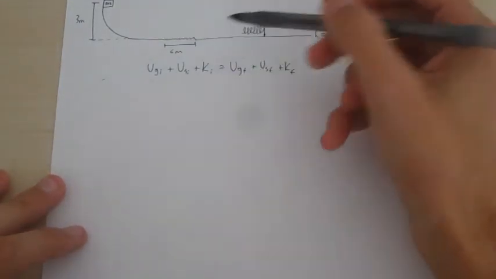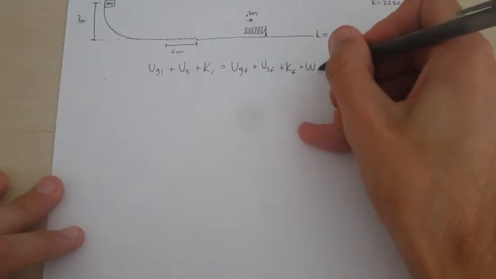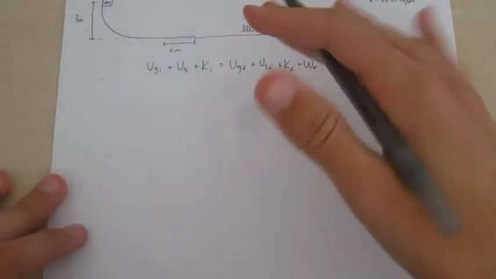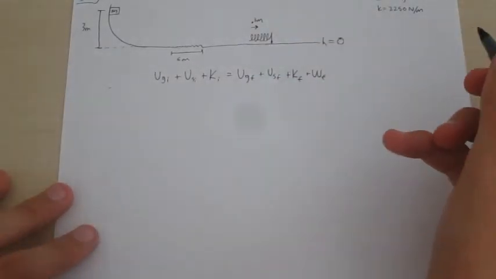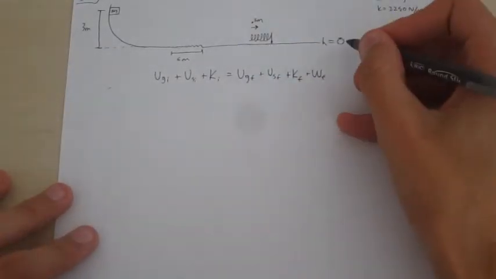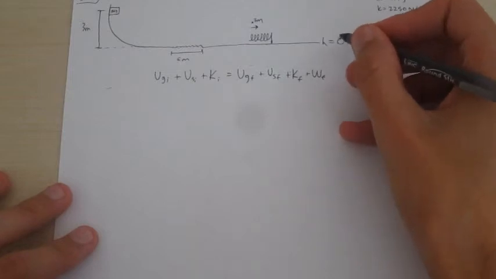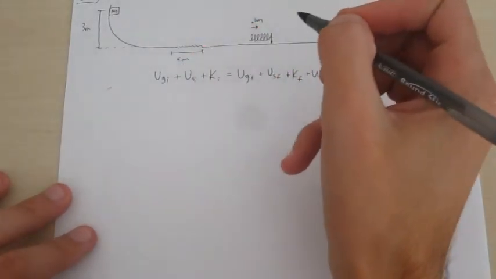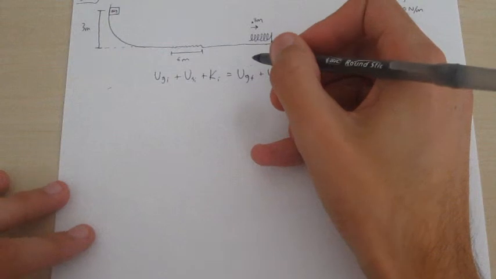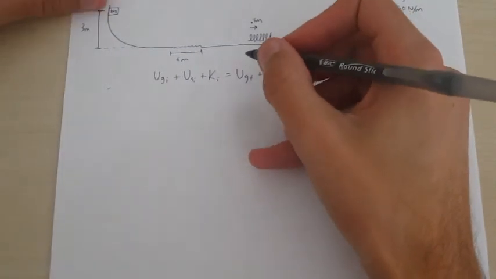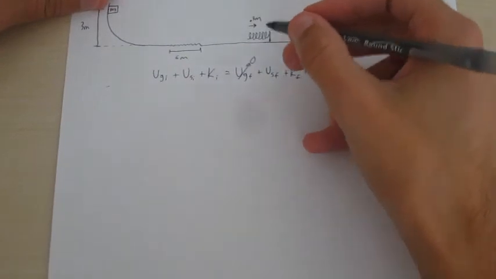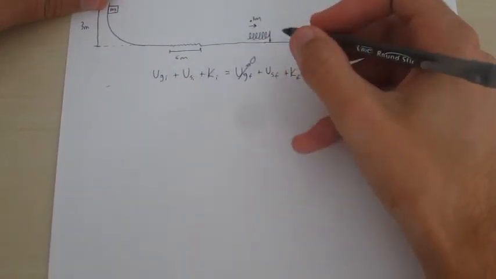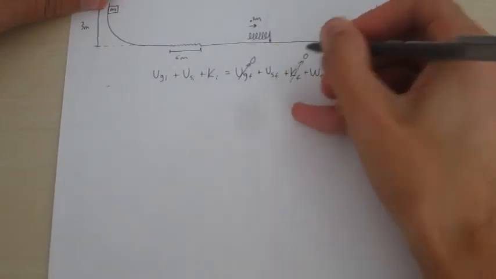Since you pass over the friction, if you add the work of friction here, this will show you where the energy is lost. So since your height is 0 at the final place, your final gravitational potential energy is 0 because the height is 0. When the block stops on the spring, its velocity is 0, so your kinetic energy final is 0.